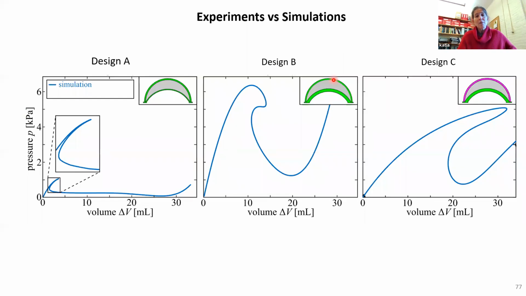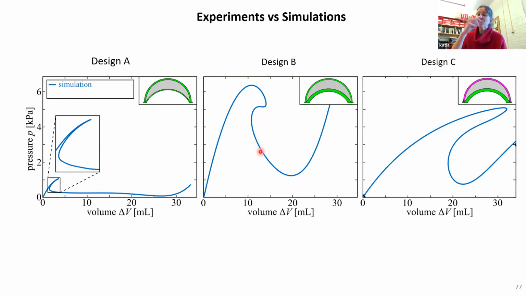We can run finite element simulation, and what we see is that the PV curve, the PV characteristic of these simple structures, is non-linear, and its features are qualitatively identical to those of a snapping shell. So we clearly have a snapping point, and the snapping occurs at constant volume.